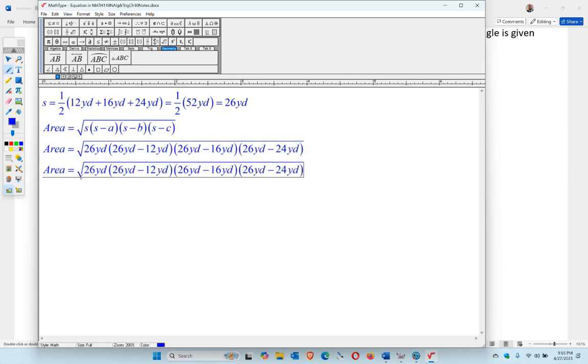Okay, so again, we're using this whenever you have all the sides for a non-right triangle. If it's a right triangle, you just use half the base times the height, but this is not a right triangle. Okay, so if I subtract those, I'm going to get 26 minus 12, that's 14 yards, right? Subtract those, I'm going to get 10 yards. And subtract that, I'm going to get 2 yards.